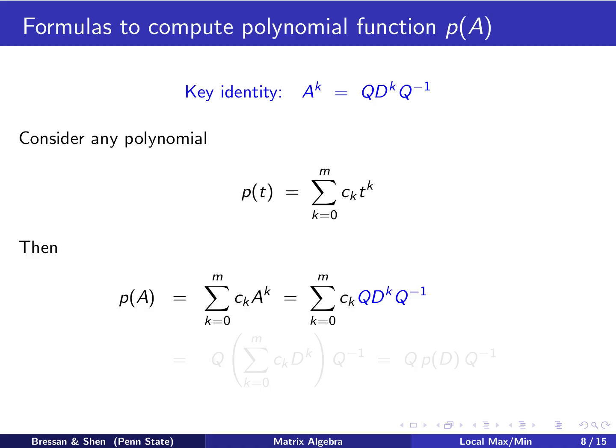And then we see that in this summation, c_k and D^k depend on k, but Q and Q inverse do not depend on k. So we could move the Q to the front and Q inverse to the end and take them outside the summation sign. So we can sum over c_k D^k. These have the index k on it. And then we see that the summation in the middle is exactly the polynomial of D, which is the diagonal matrix. And this we already know how to do from the previous slides.